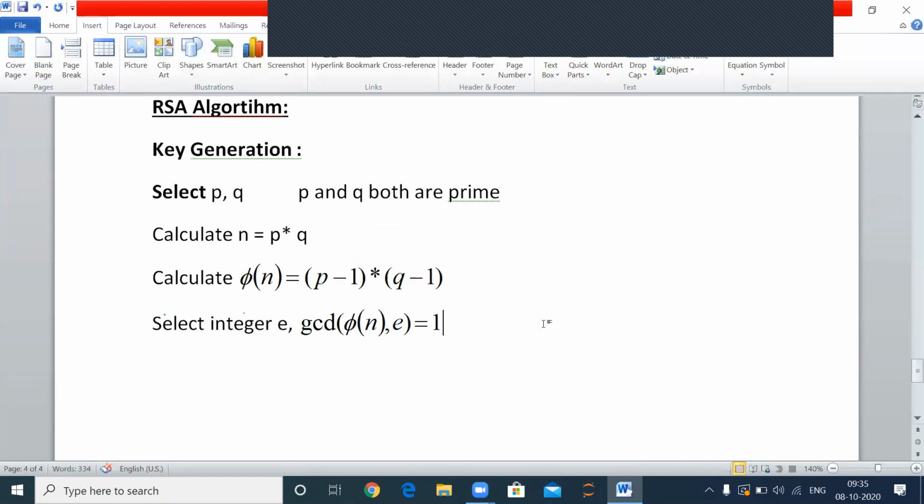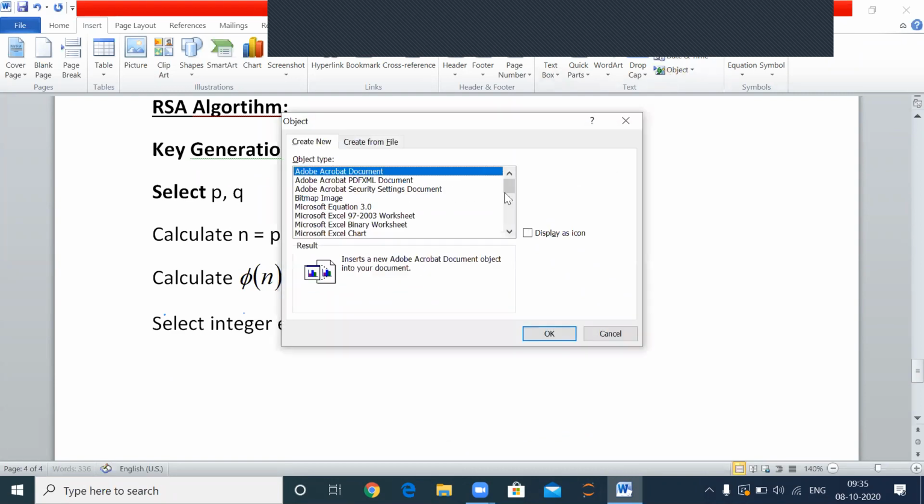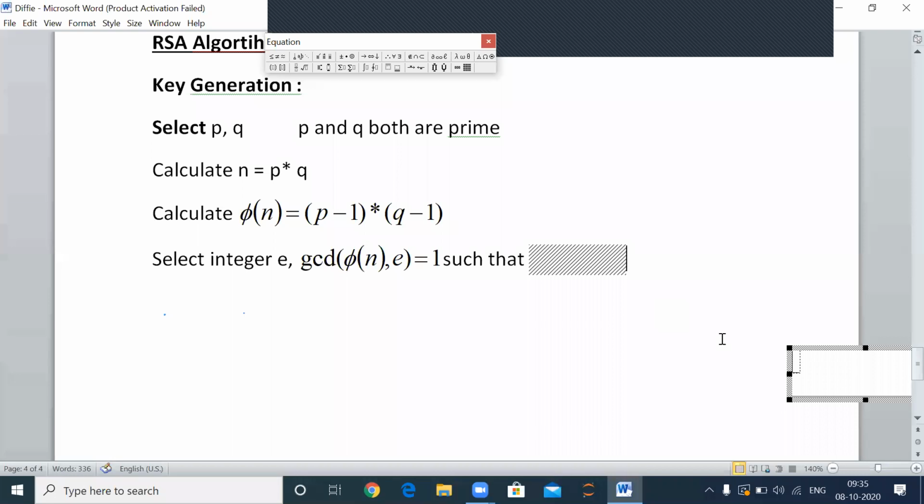The e value has to be chosen such that 1 is less than e, and e is less than phi of n.